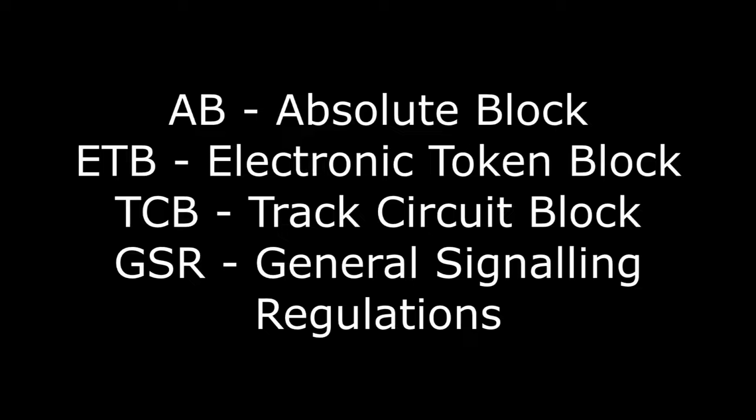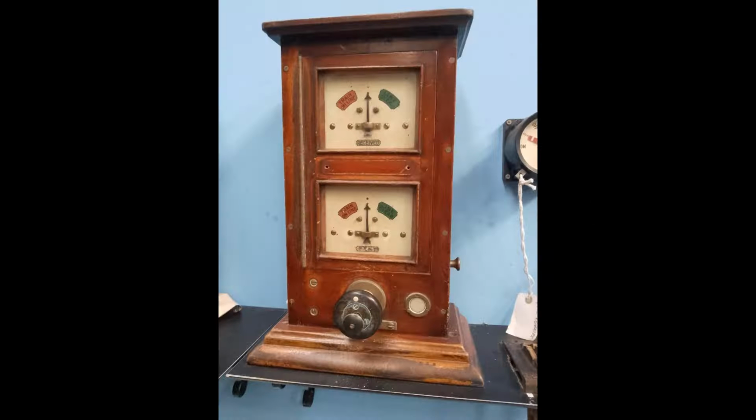So if that comes up on the screen, that means that bell code's applicable to ETB. Track circuit block. So for that I'm going to be using Tango Charlie Bravo, or TCB. You can probably figure out how I've come up with these, and indeed I have just lifted them straight out of the rulebook. And general signalling regulations, GSR, Golf Sierra Romeo.